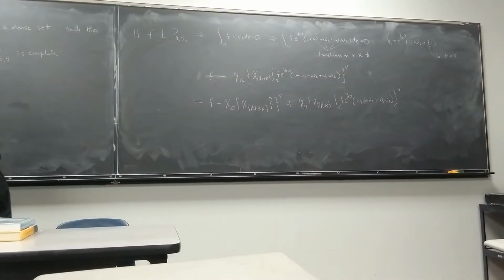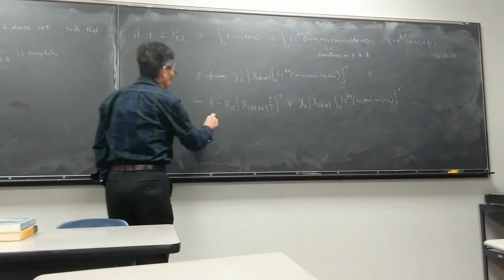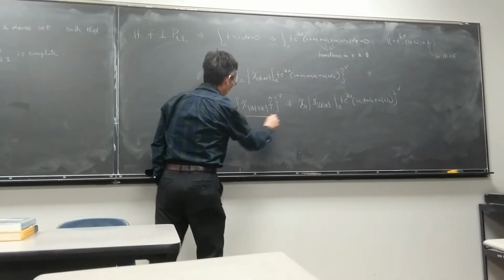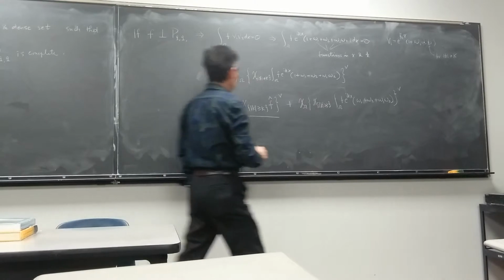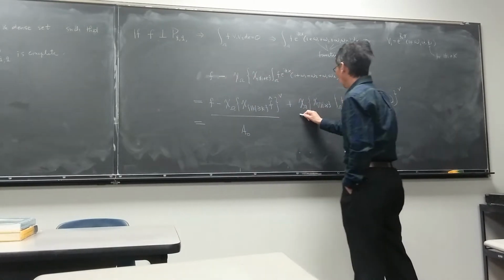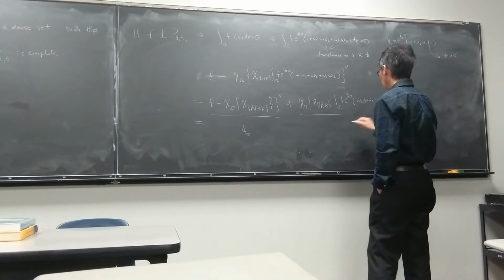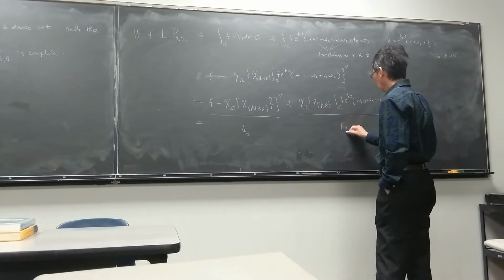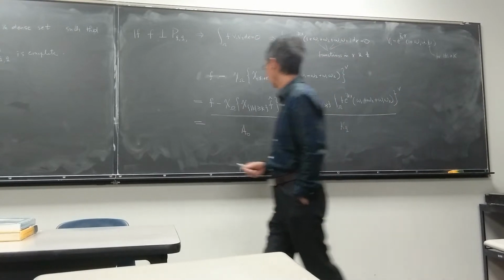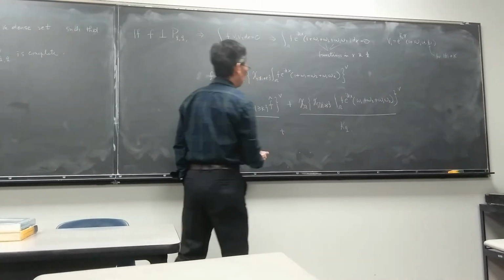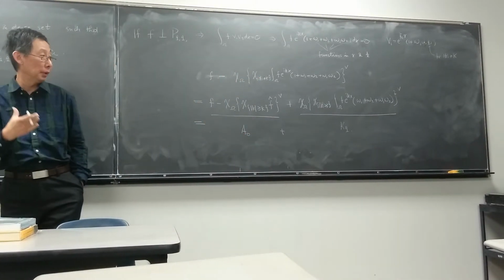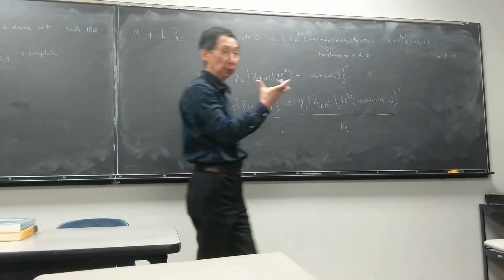And I'm going to call the first part here A naught. This part is KQ. So the relation is like this. They are all linear maps from L2 to L2. Okay.